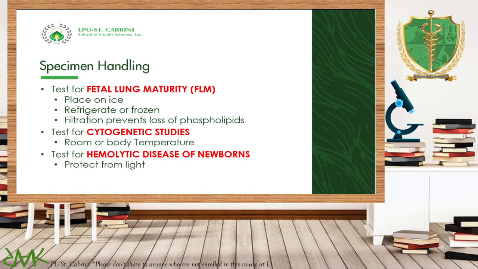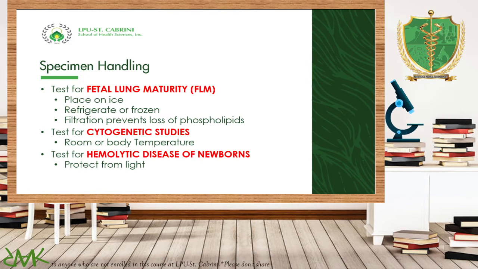Okay, so how are we going to handle our sample? Ideally, amniotic fluid is tested for these three reasons: fetal lung maturity, cytogenetic status, which includes the possibility of having an abnormality, and hemolytic disease of the newborn. So how are we going to transport the specimen?